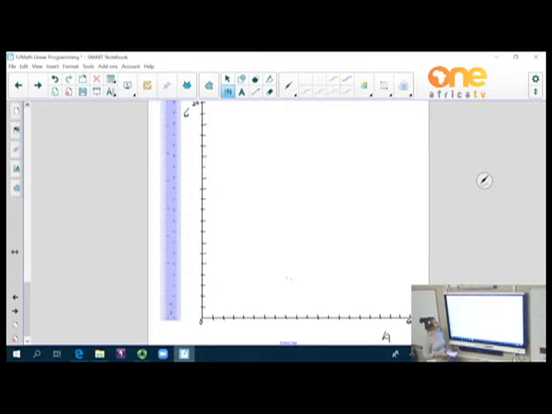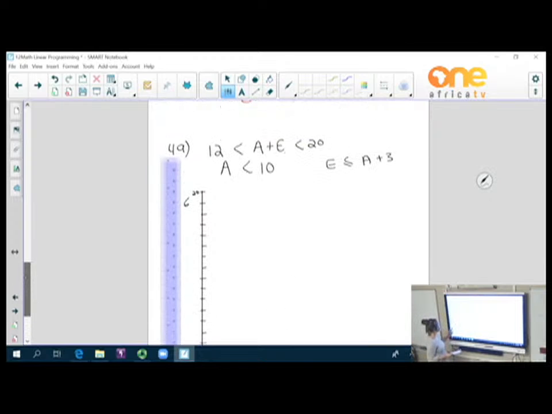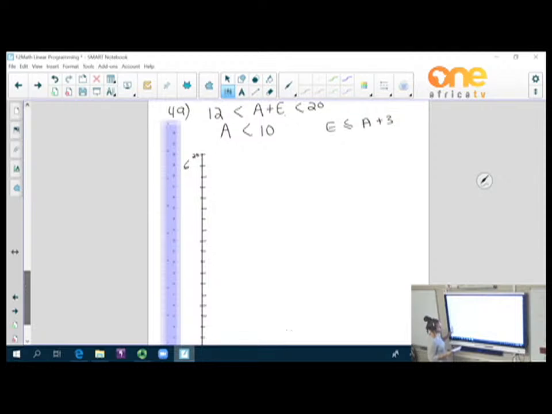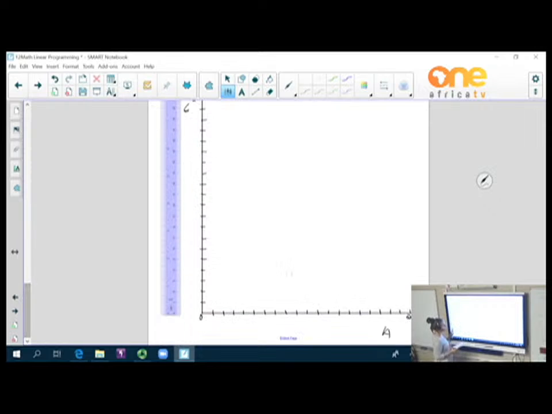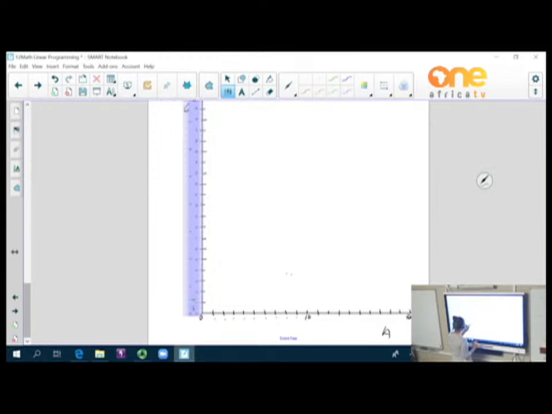So we will start out with our first inequality, the easiest one, which is this one. Argentina is less than 10. So find Argentina, then we need to find 10. 1, 2, 3, 4, 5, 6, 7, 8, 9, 10. There we have 10.